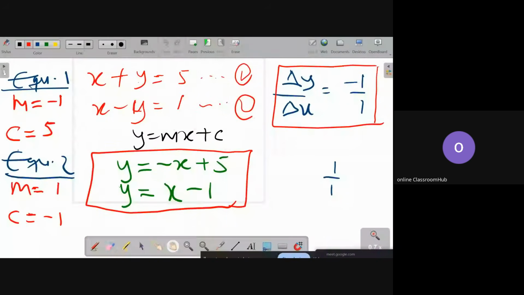Equation 2, we have 1 and what? 1. So one step, good. Because the 1 is positive, it means you are moving one step up, then one step to the right. Always the denominator is what? No, there's no negative, please. Look at it. It's 1 and 1.